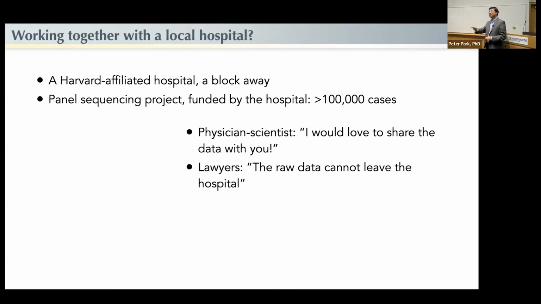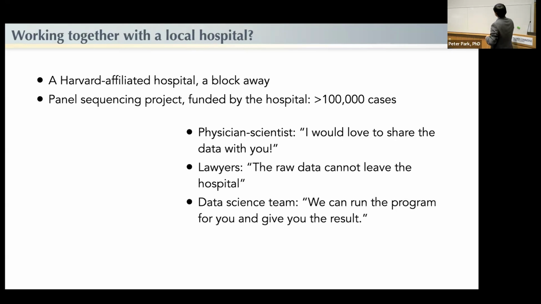Now, it sounds like at Michigan, you don't have that problem because you're all within the same domain. But for most hospitals, this is a relatively new thing, and they're extremely protective. Literally, data cannot be moved. So the solution that they came up with is, oh, we have a team, okay? We will run it and give you the result.